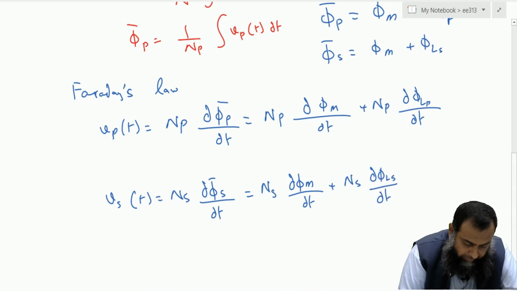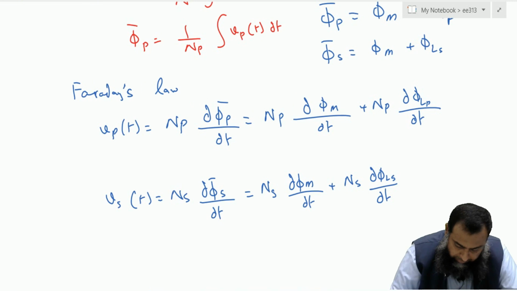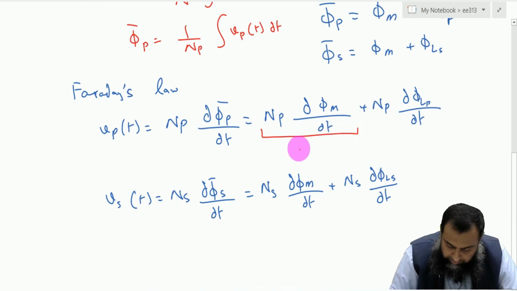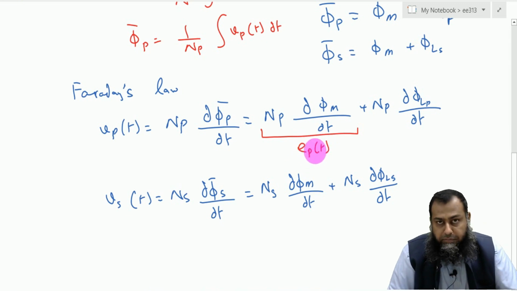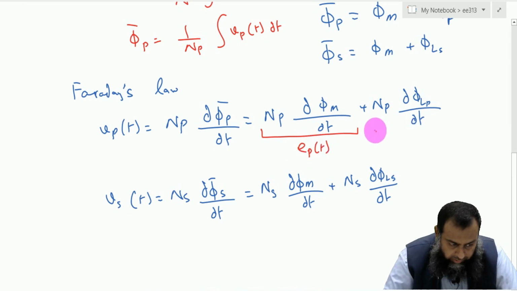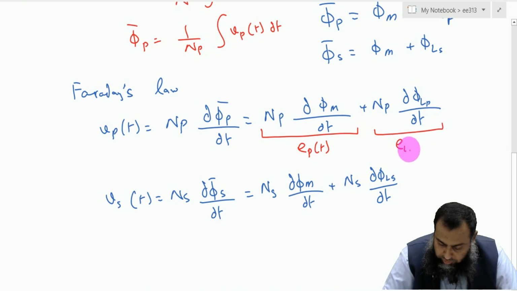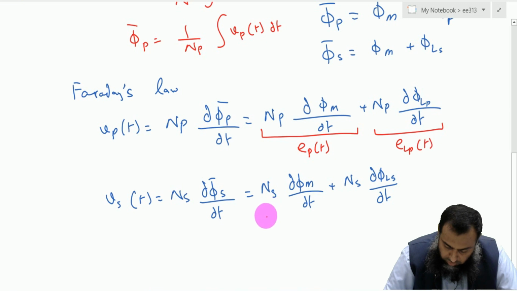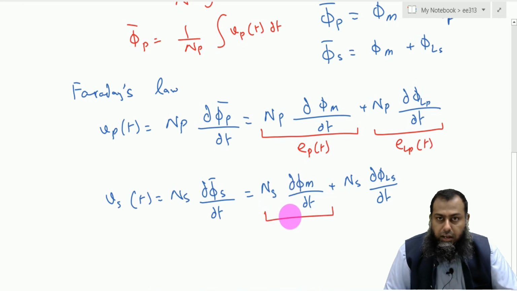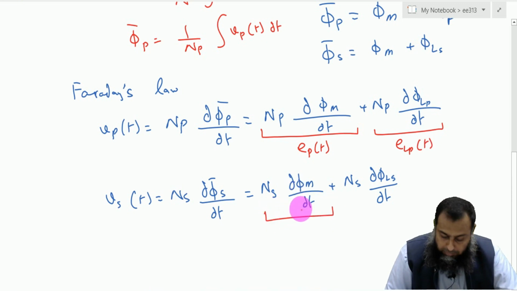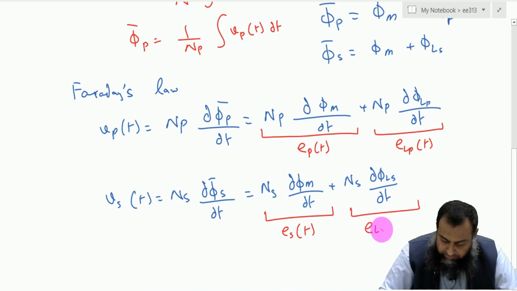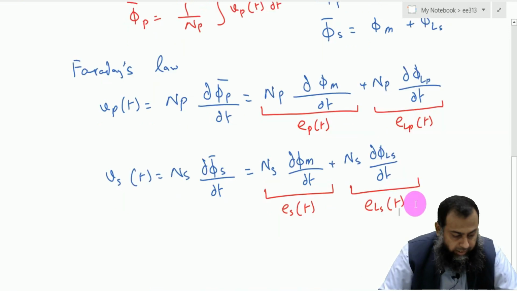Now if we closely examine this expression, then we can say that this one is the Ept, which is the induced EMF in the primary side, whereas this one is the ELp, which is the induced EMF due to the leakage flux in the primary winding. Similarly, this part, which contains the portion of the mutual flux, is the Est, while this represents the ELs, which is due to the leakage flux of the secondary winding.